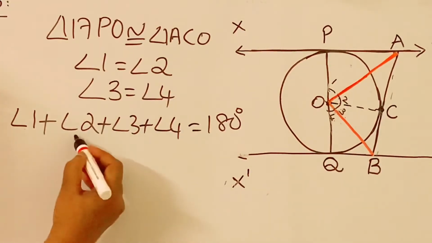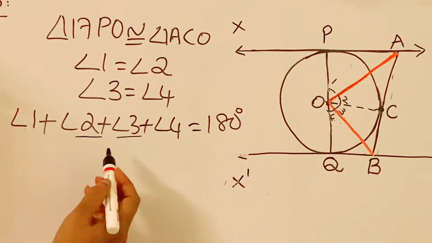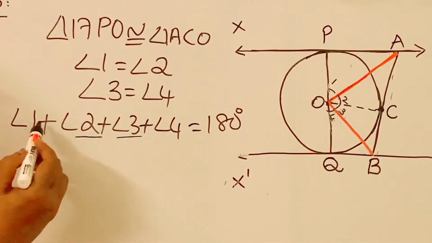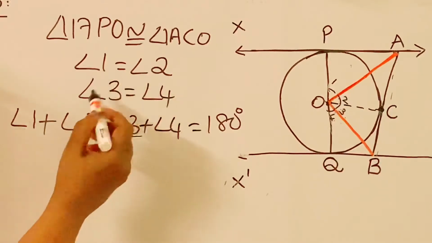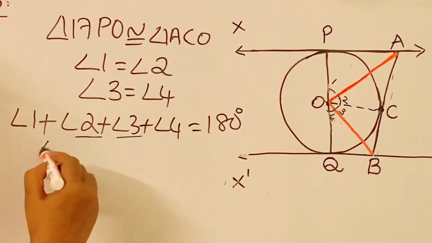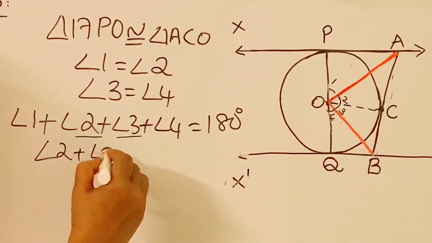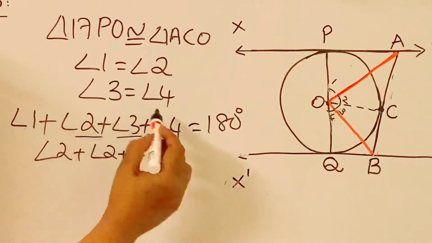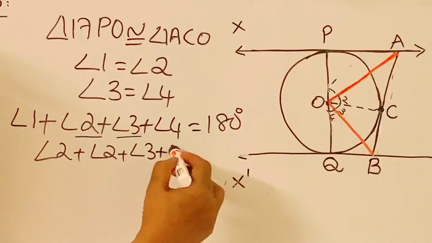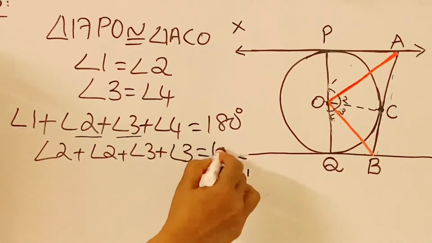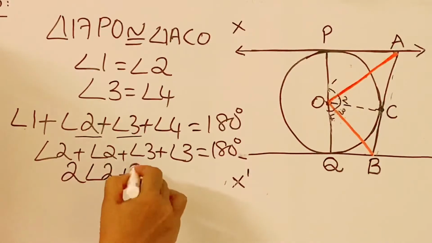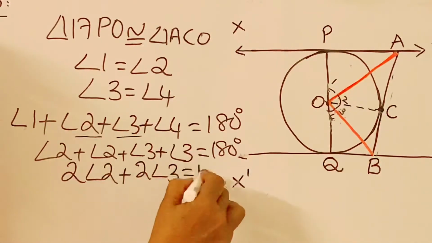We need to prove that angle 2 plus angle 3 is 90, that is angle AOB. So instead of angle 1, we can write angle 2, because angle 1 and angle 2 are equal. This is angle 2 itself. This is angle 3. And angle 4 is angle 3, so instead of angle 4 we write angle 3, equal to 180. That is 2 angle 2 plus 2 angle 3 is 180.